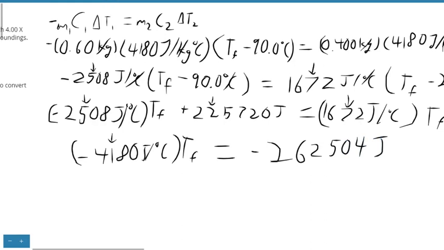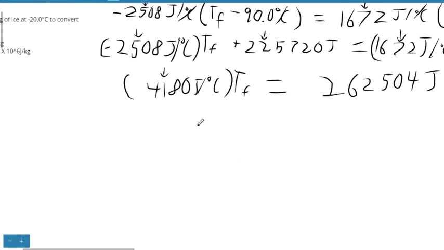Since we have a negative on both sides, we can just erase it. Multiply both sides by -1.